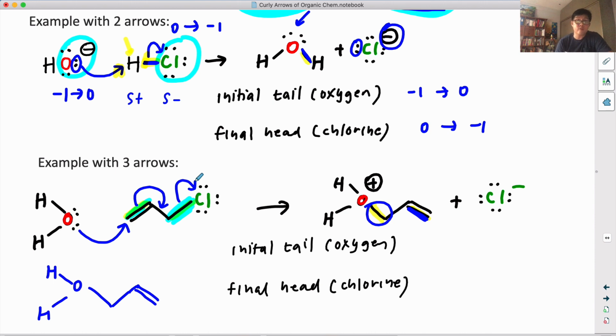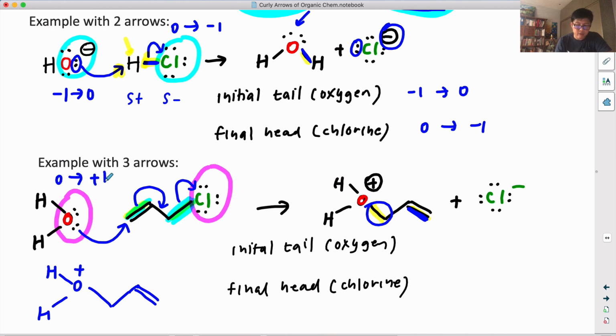So you can see I have three arrows, and where are the changes in the charges? The real change in the charges actually lies here, on this O, because this is the initial tail and the final head. Everything else remains the same. So the O, after giving electrons, becomes a plus. You can see that this is the initial tail, from 0 to plus 1.